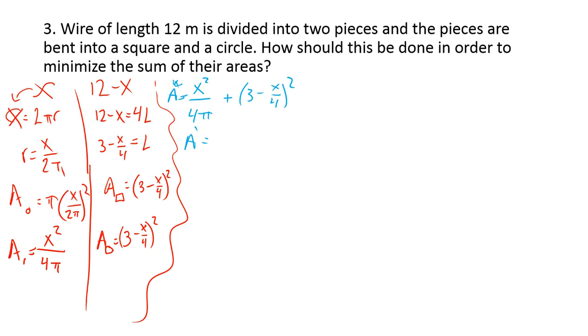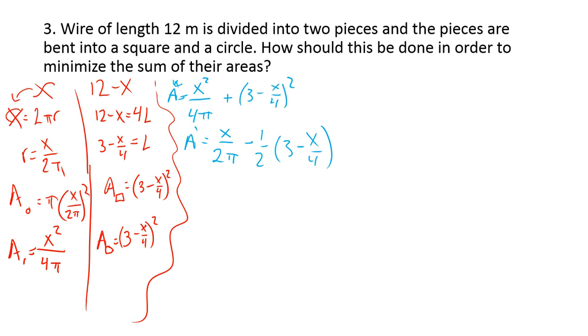The derivative of this would be x over 2 pi minus 1/2 times 3 minus x over 4. That's just taking the derivative with the chain rule. You drop the 2 and then multiply it by the derivative of the inside, which is a negative 1/4, which gets you the negative 1/2 out front.